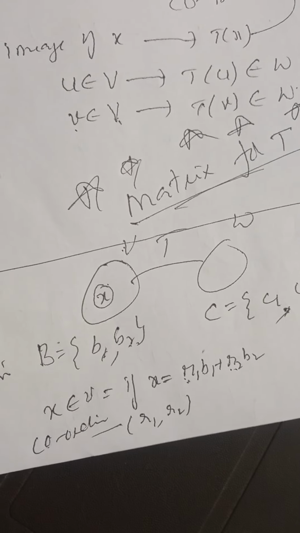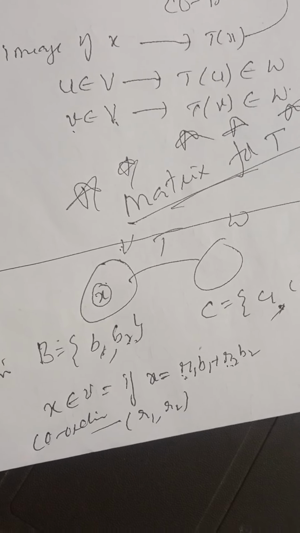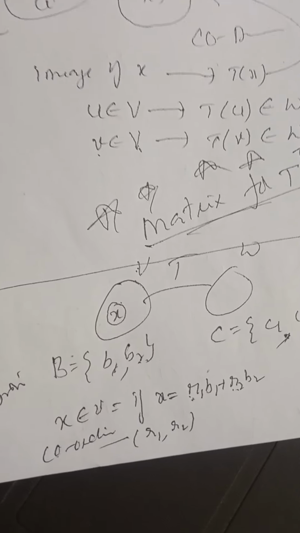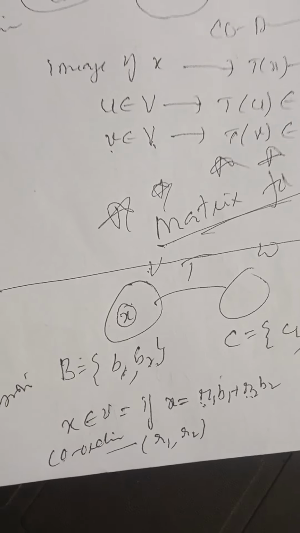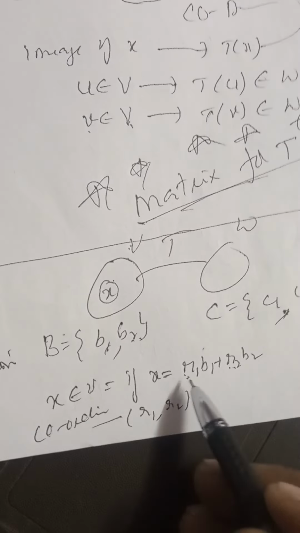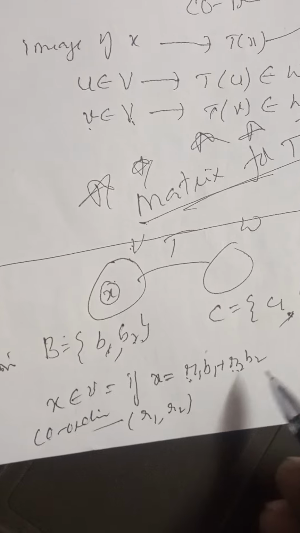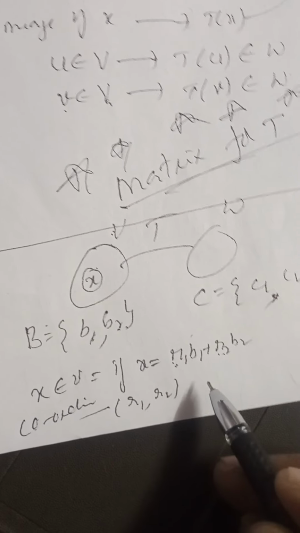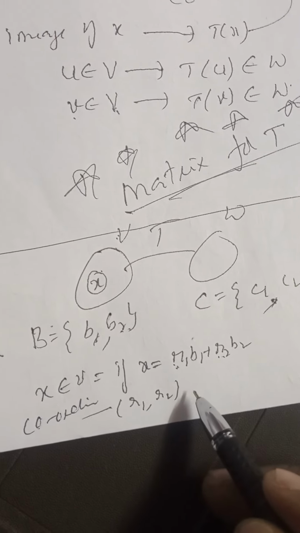Find the coordinates of a basis, the first unit topic, right? First unit, find the coordinates: if X is a vector in V, if X is equal to R1 into B1 plus R2 into B2, solve this equation. We have to find those scalars R1 and R2.